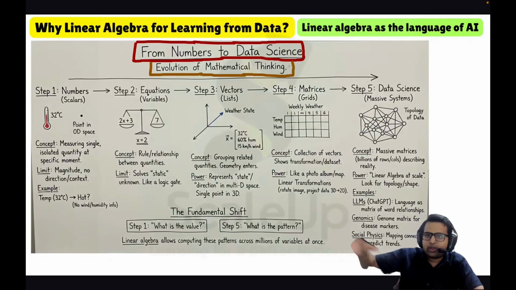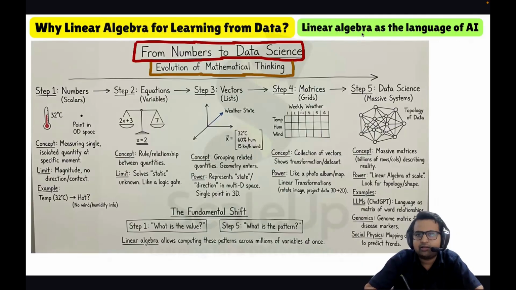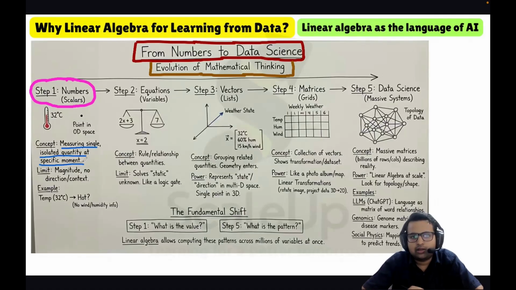If we talk about the evolution of mathematical thinking, it started with step one, the numbers, the scalars. So it was all about measuring a single isolated quantity at a specific moment, like measuring the coordinates of a point in space or the temperature.